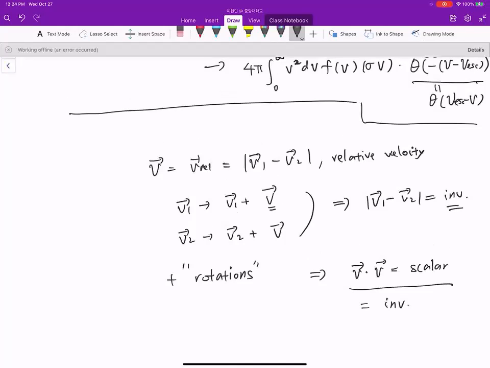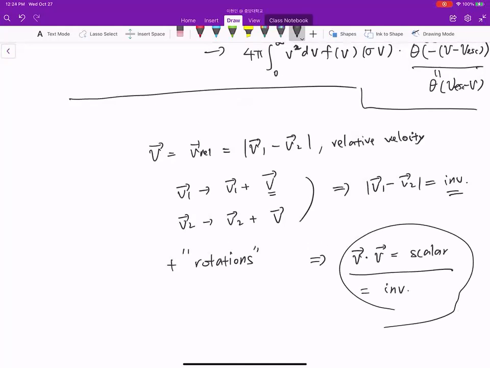This is how we can see the v-squared dependence in the cross section sigma v.